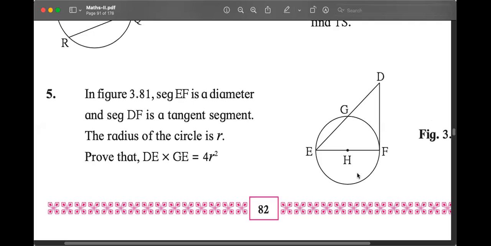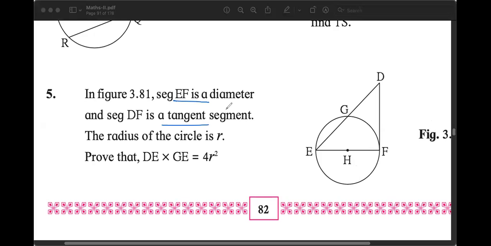In question number 5 of practice set 3.5, we will be able to do this question if we understand the following things. When it says EF is a diameter and DF is a tangent, that means this angle here is 90 degrees, because a tangent is perpendicular to the radius at the point of contact.